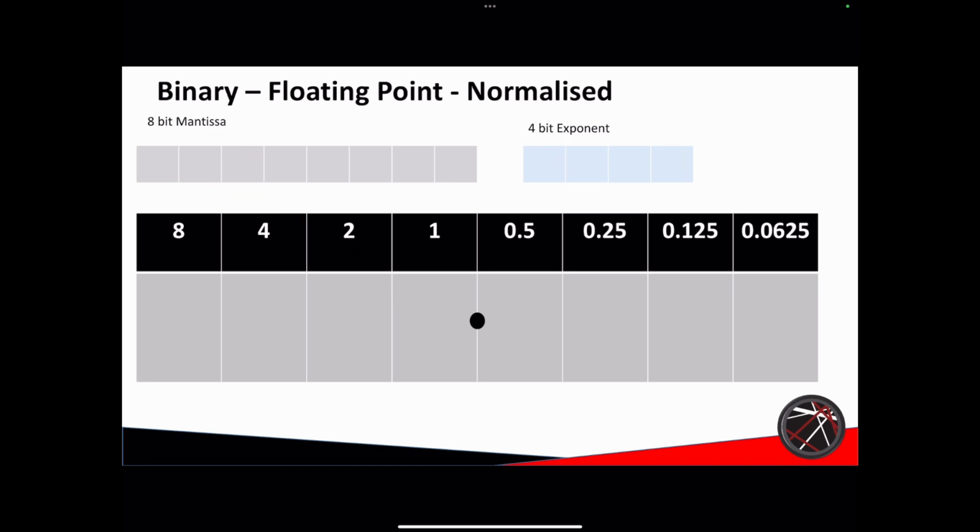Okay, so again, looking at floating point, I just showed you a first number. Let's have a go at another one. So again, we're going to have this normalised, with the 0 and the 1 in the correct place, and therefore the decimal place is in the correct place. And again, I'll just put a simple binary number in. And again, we'll stick with an exponent, and remember this is a positive exponent, and therefore we're just going to move our decimal place to the right. So I'll just do a simple one.